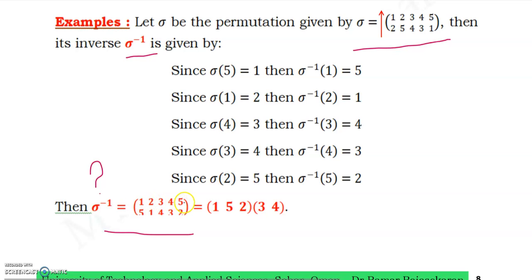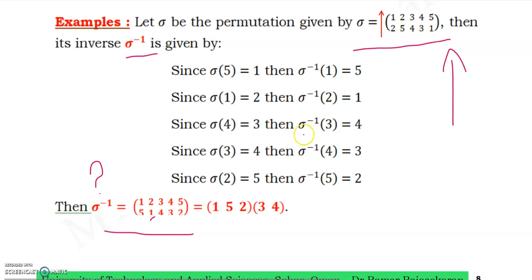Next, to find sigma inverse, go from bottom to top. First you start from the first number, 1. See here, 1, you see bottom to top, see this direction, 1 goes to 5, so here 5. Now 2 goes to 1, so write 1.